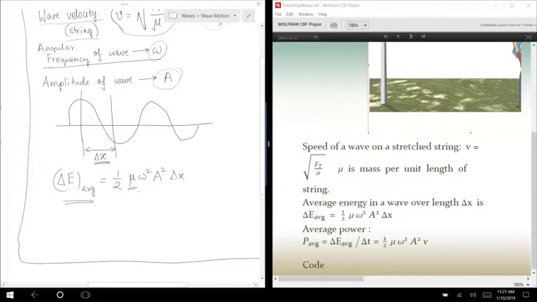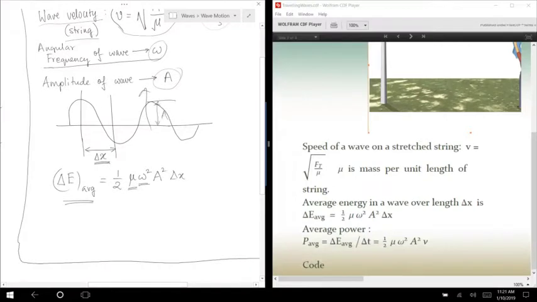So the average energy is proportional to the mass per unit length. So if you increase the mass per unit length, if you consider a string that is sort of denser, I mean, it has more mass in every unit length, then you'll have more energy. That's kind of understandable. And then if you have a higher frequency wave, then you'll have a higher energy. If the amplitude of the wave is higher, which means that the oscillations are larger, so this part is the amplitude of the wave, right?